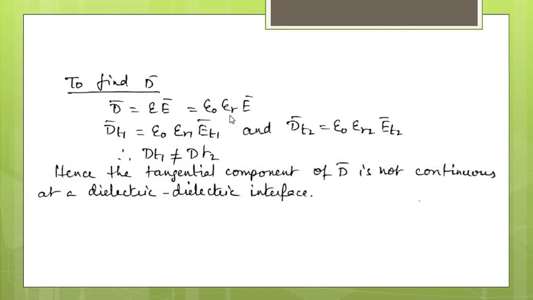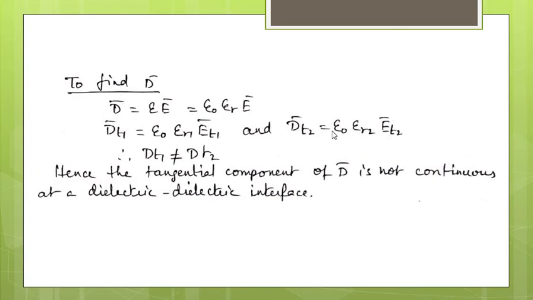So since both of the media are dielectrics, each one will have a separate permittivity. So for region 1 we can write epsilon R1 and for region 2 epsilon R2. So to find Dt1 we can use this equation, epsilon naught epsilon R1 into Et1. Similarly Dt2 is equal to epsilon naught epsilon R2 into Et2.